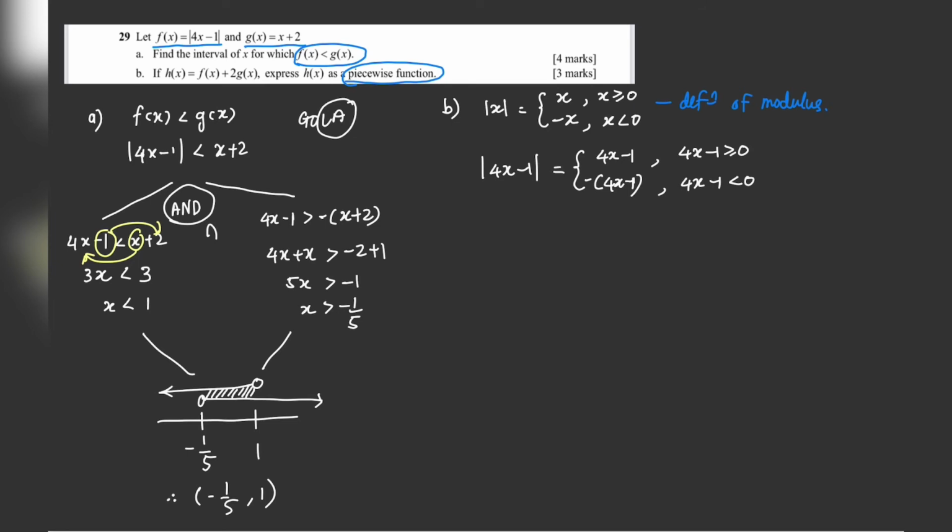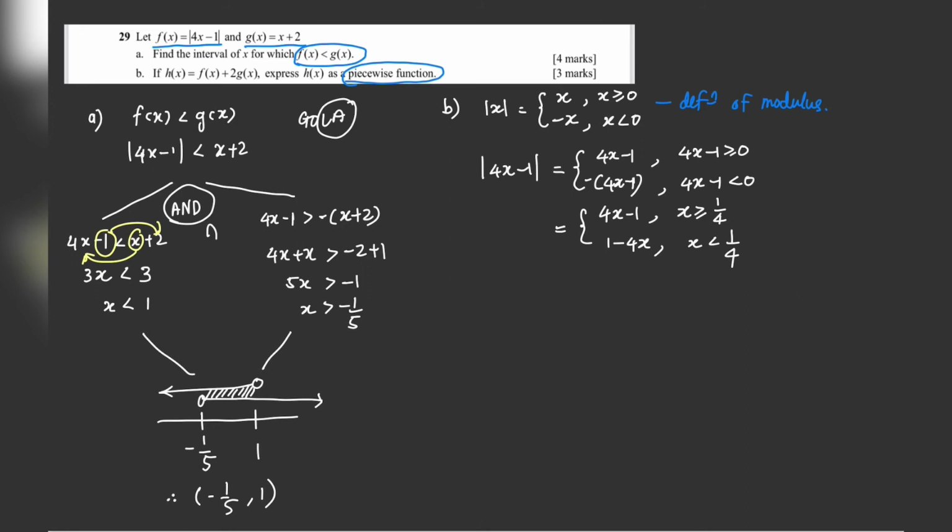Okay, so 4x - 1 more than equal to 0 dan juga less than 0 ni bolehlah rearrange dia so that dia become x more than equals to 1 over 4, and dia akan jadi 1 - 4x if x itu kurang daripada 1 over 4.